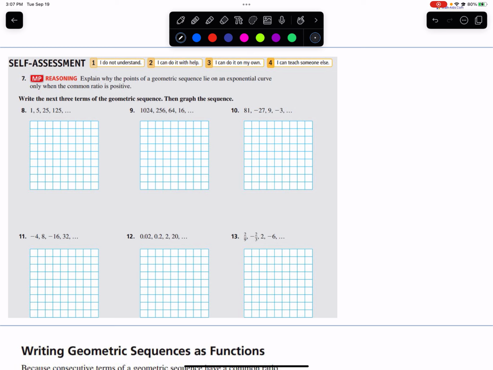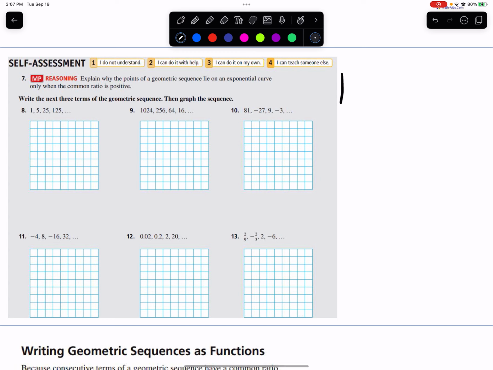Number 7. Explain why the points of a geometric sequence lie on an exponential curve only when the common ratio is positive. So in the case where we don't have a common ratio that's positive, we talked about if you have a negative common ratio, your signs are flip-flopping every single time. So if I have signs flipping, that means I'm going above the x-axis, then below the x-axis, and then back to above, and then back to below.